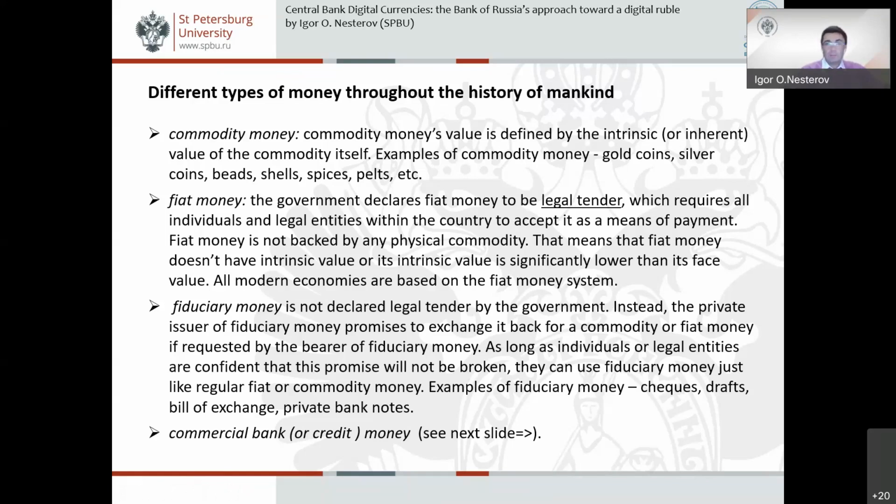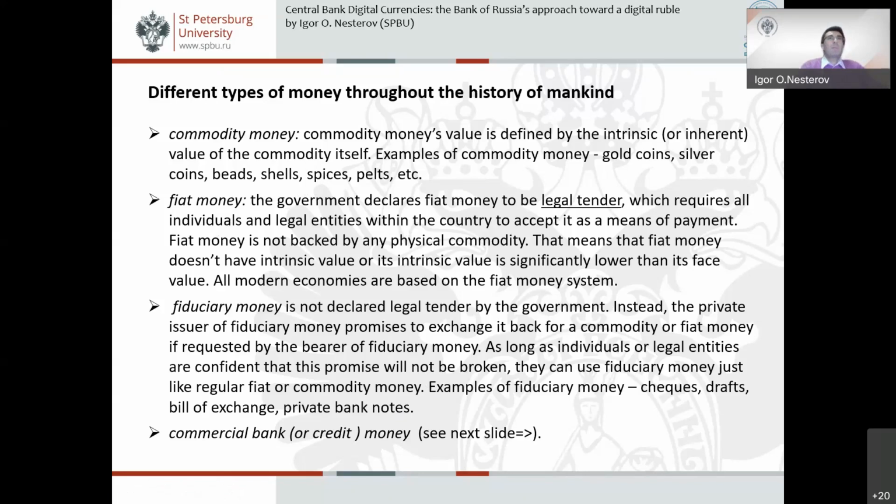So examples of commodity money are shown on your screens. There are gold coins, silver coins, beads, shells, could be spices, pelts, etc. The critical thing to note about commodity money is that its value is defined by the intrinsic value of the commodity itself.